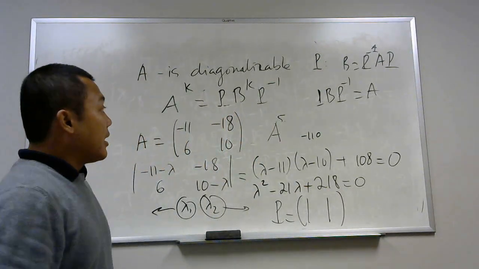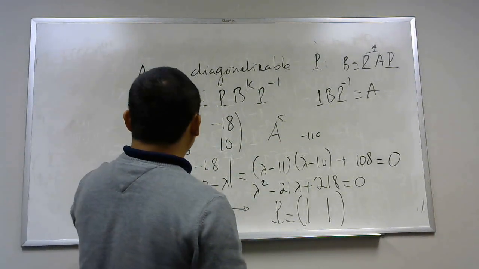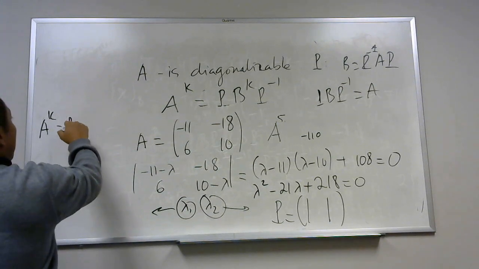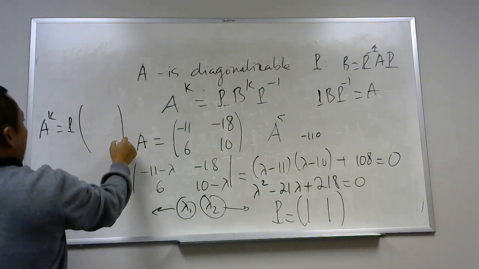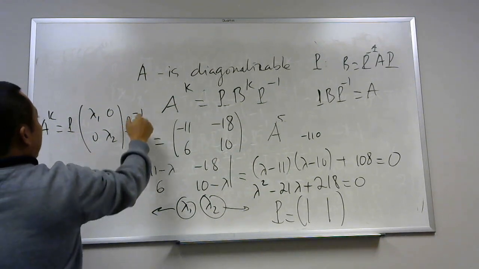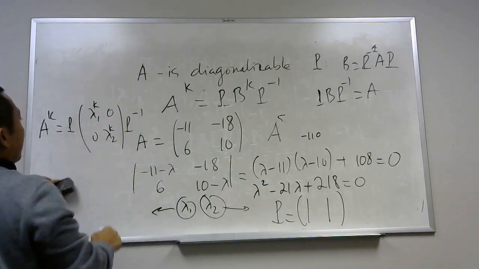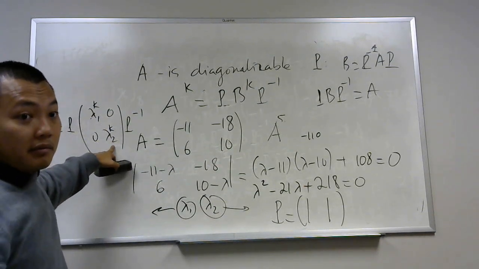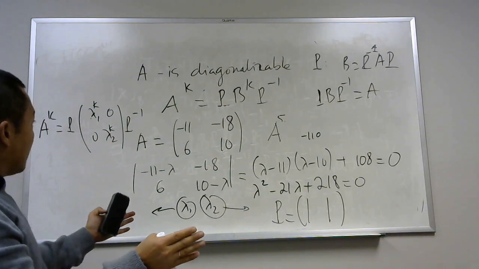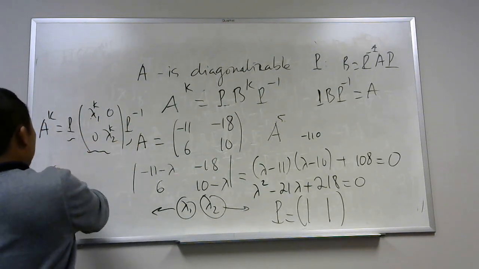Then A^k is equal to P times the diagonal matrix with lambda 1, 0, 0, lambda 2, times P^(-1). But if we have k here, you just apply k to the eigenvalues lambda 1 and lambda 2, and then you use a calculator to multiply them back. So you get the matrix A^k.